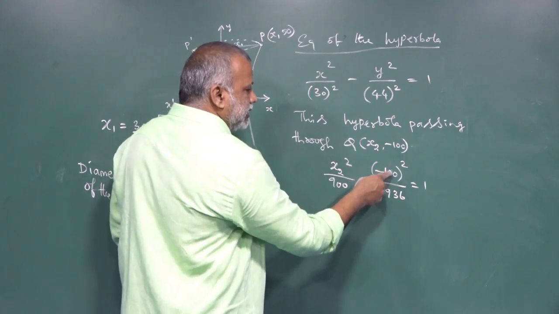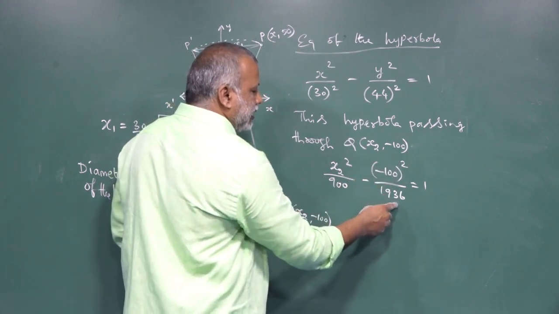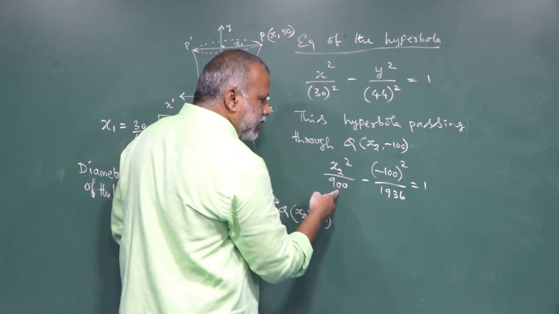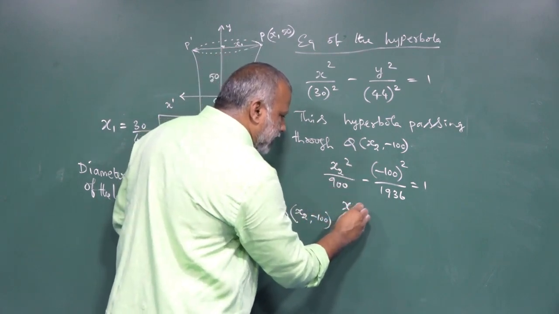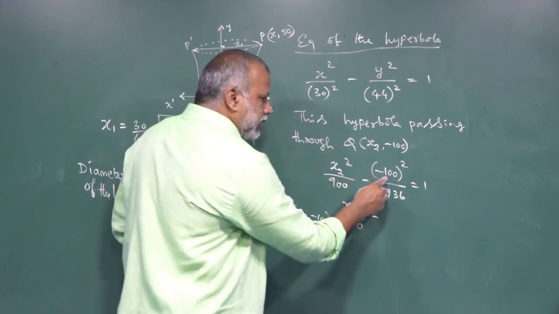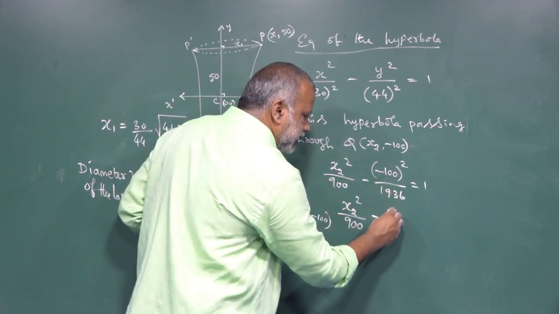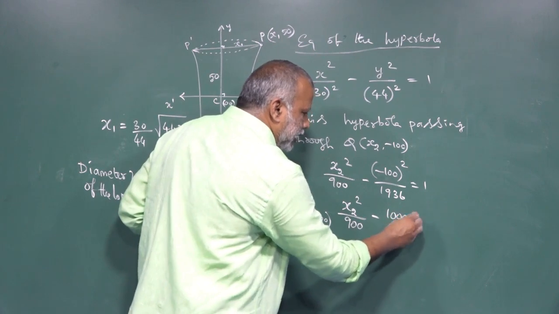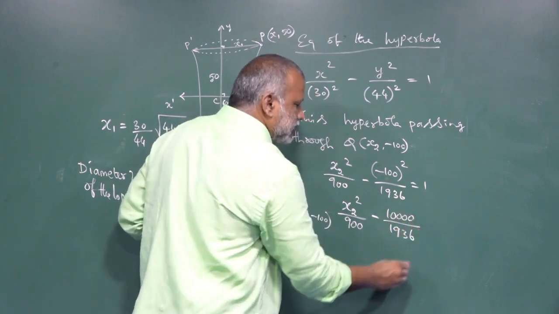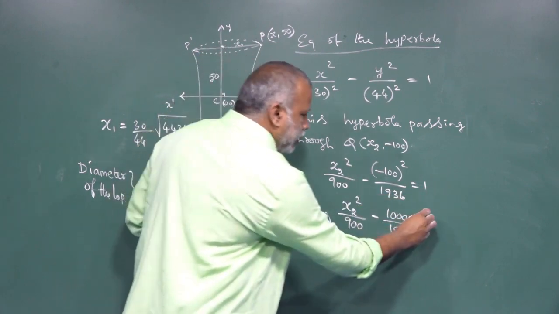So minus 100 squared divided by 1936. Now we want to simplify. That means x2 squared divided by 900, negative. We are squaring, so minus will become positive, 10,000 divided by 1936. Now we have to equal to 1.